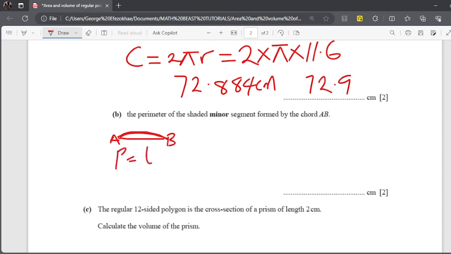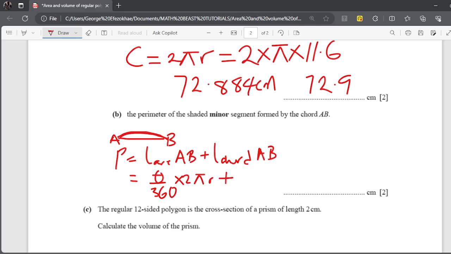So the perimeter is going to be the length of arc AB plus the length of chord AB. By definition, the length of the arc is theta over 360 times 2 pi r, while the length of the chord AB is already given to us as 6.